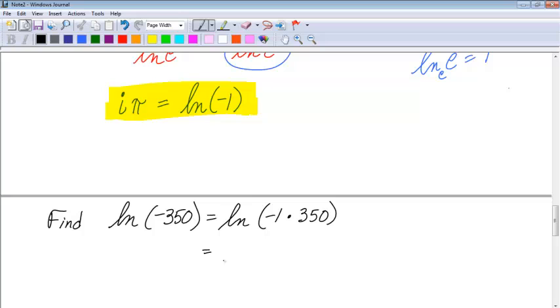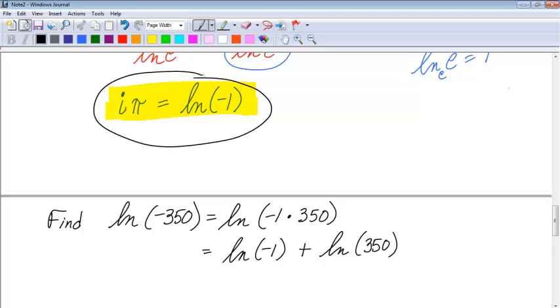So you'd have the natural log of -1 plus the natural log of 350. But we just figured out the natural log of -1: i pi. Now we can figure out the natural log of 350 on your calculator, and I get, usually they go 4 decimal places, 5.8579.